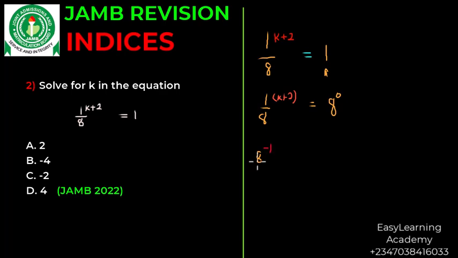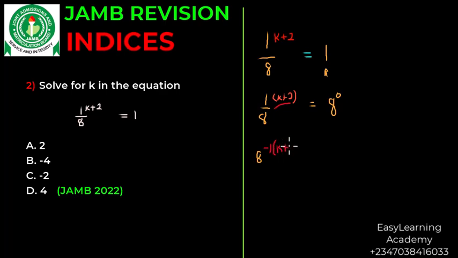All right, so we've been able to deal with this fraction. This fraction is gone, and let's still maintain this power here. That power comes in here and it remains as k plus 2.